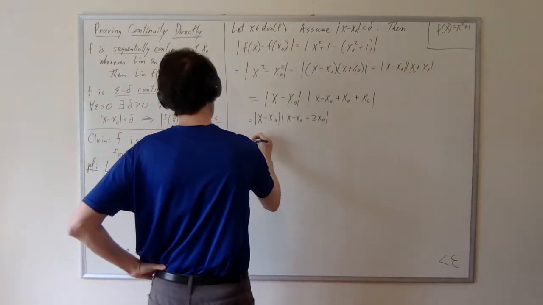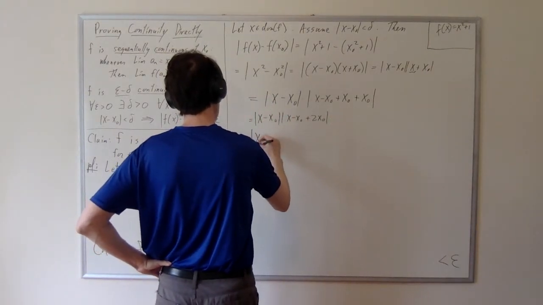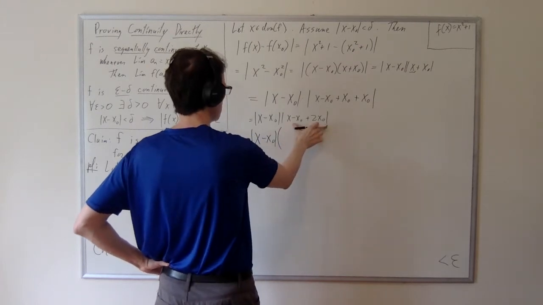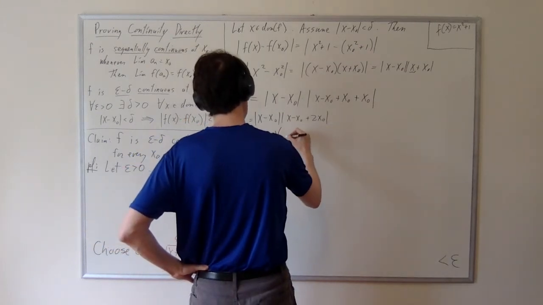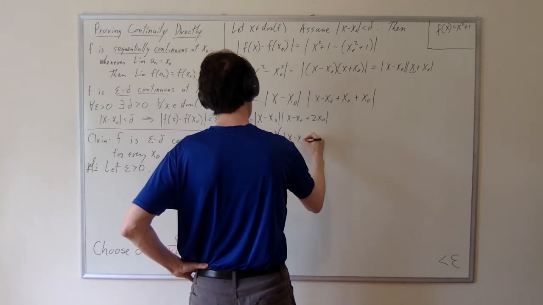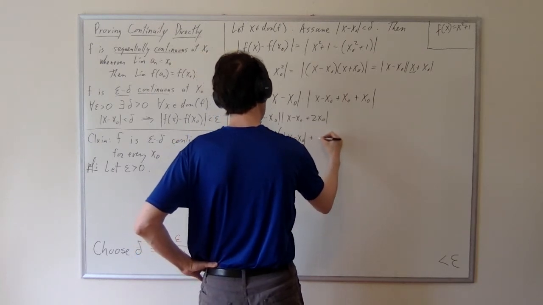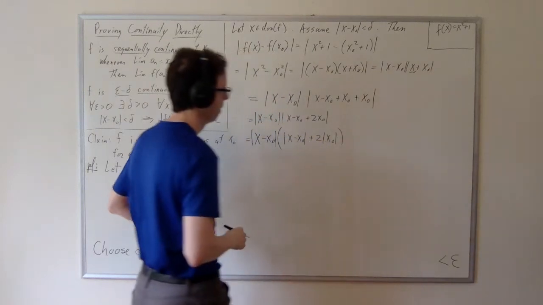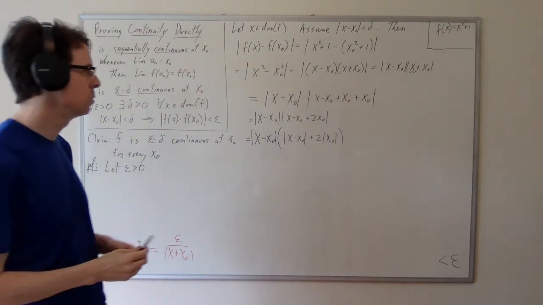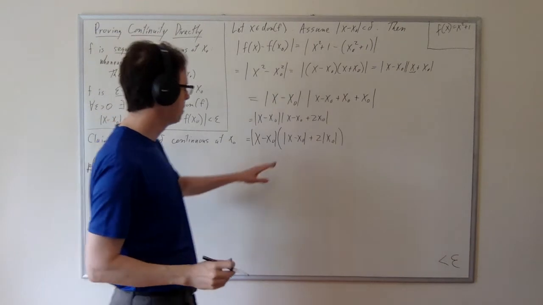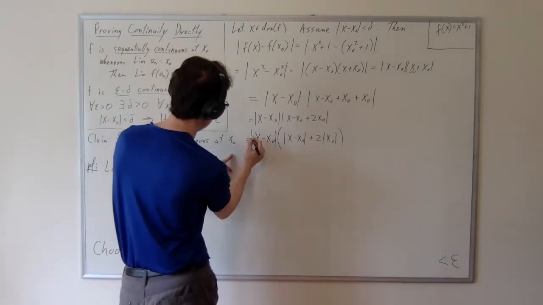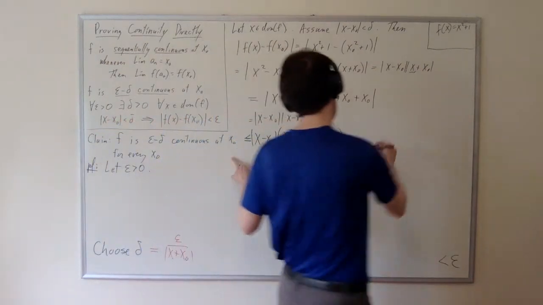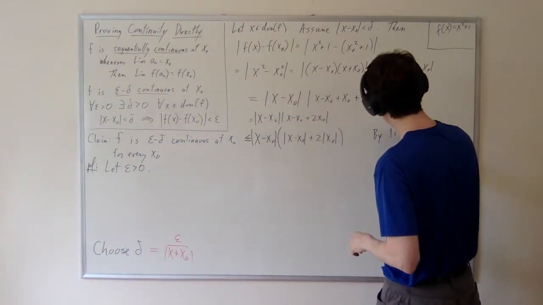So this is going to give us absolute x minus x naught times, and now we're going to split this with a triangle inequality. So that's going to be absolute x minus x naught, and then plus 2 absolute x naught. I pulled the 2 outside the absolute because it's a positive constant. And I often make this mistake: that's the triangle inequality, so I should have less than or equal to here. So that's by the triangle inequality.